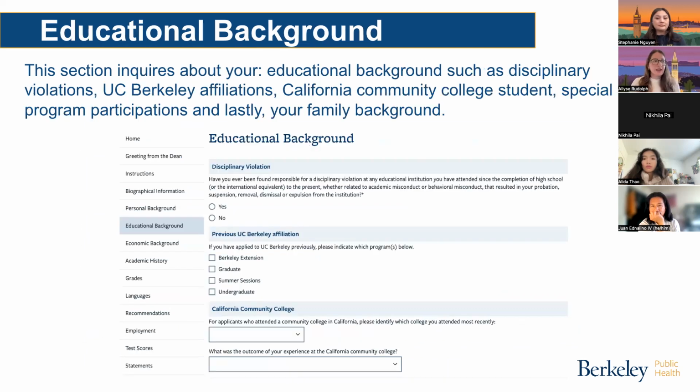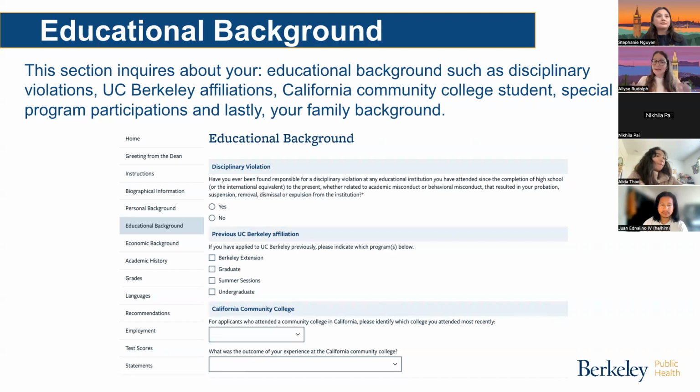All right, so the next part is educational background. Now, this is relevant to your admission review. We would like you to indicate if you have any prior disciplinary violations. If you have a UC Berkeley affiliation, include that here. And then we would also ask you to indicate all of the schools that you've attended previously in this section.